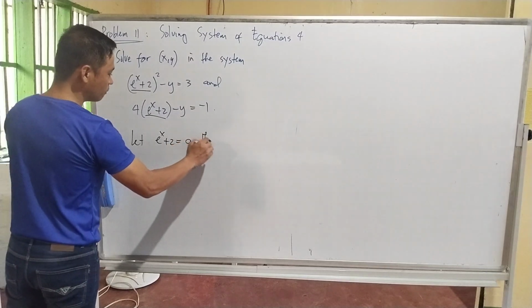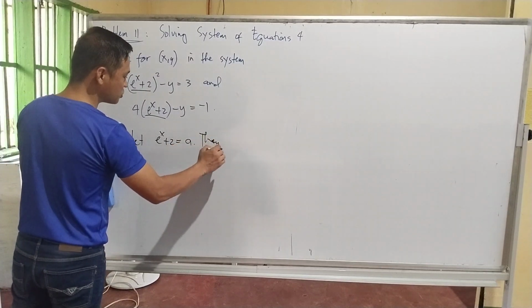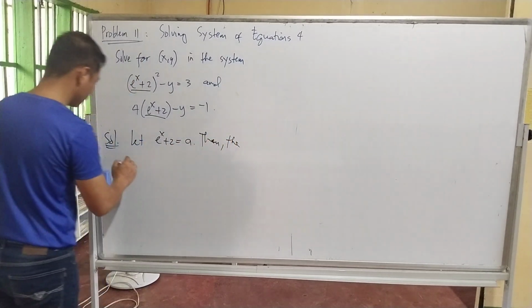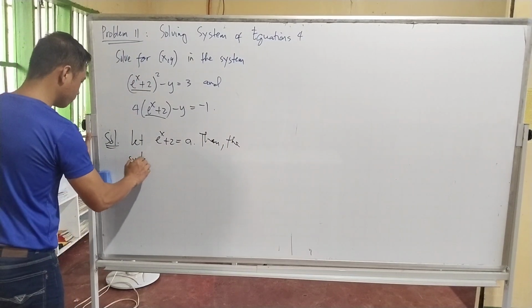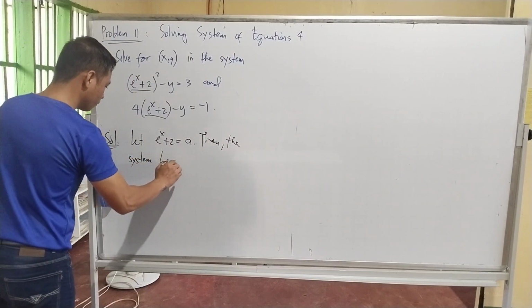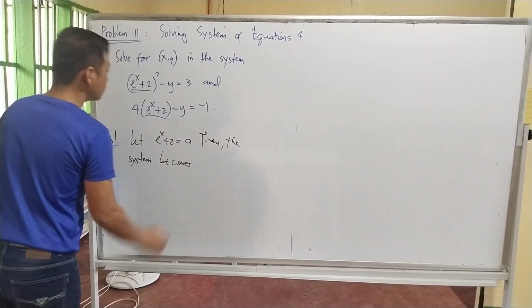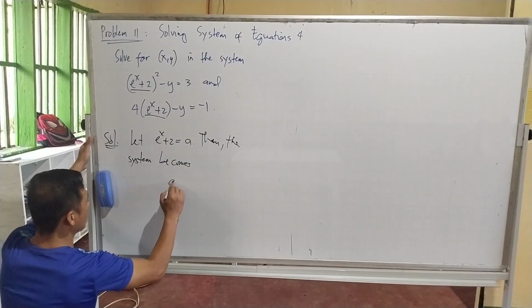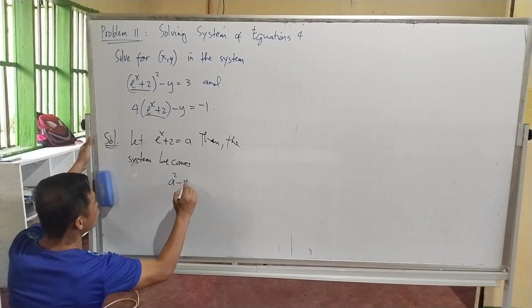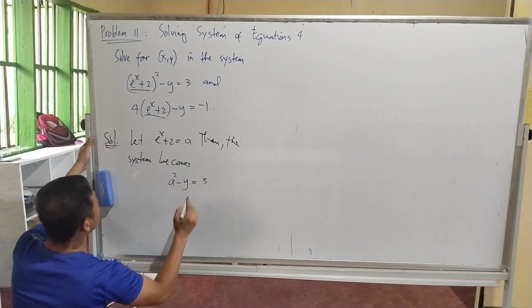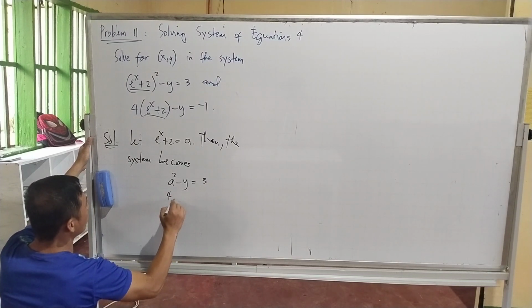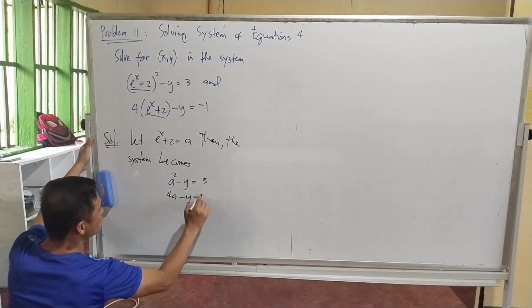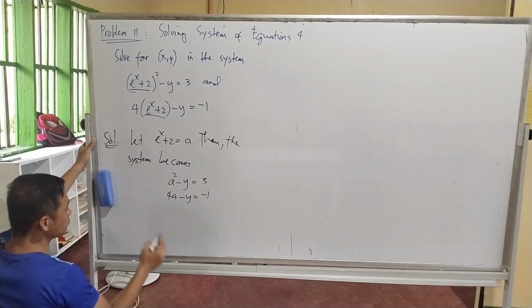Then the system becomes a^2 - y = 3 and 4a - y = -1.